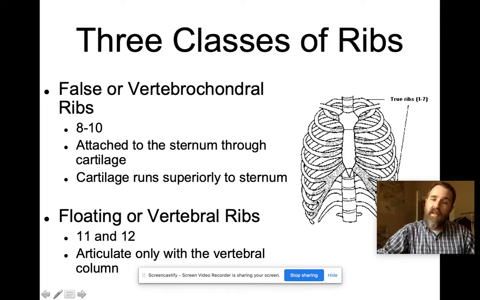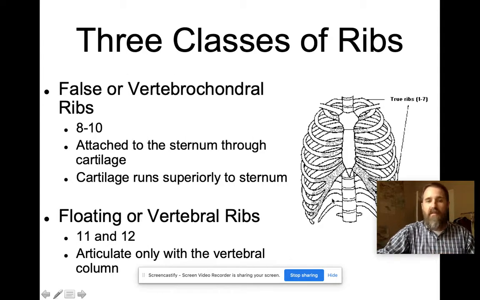If you see these 3 right here, they attach not to the sternum, but to the cartilaginous portion of the rib above them, the cartilaginous portion of rib number 7. So they're called vertebral chondral ribs. They run from the vertebral column to the chondral portion of the rib above it.